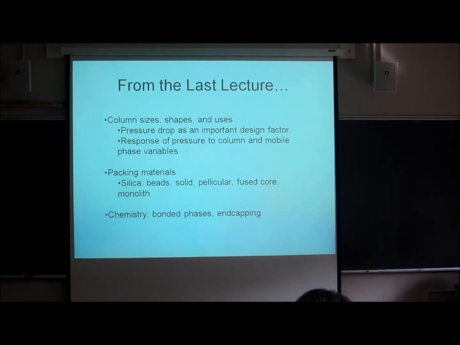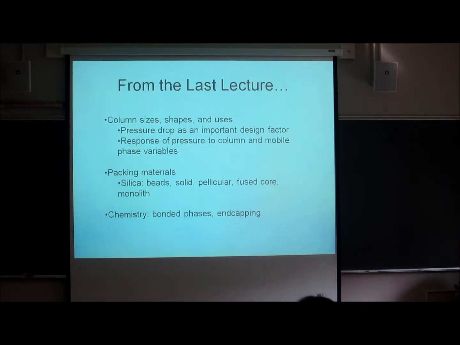That idea will show up in a couple minutes, and it has to do with how you design a method. What are the parameters with which you can operate to do an efficient separation? What you try to do is avoid surprises like huge pressure drops that can break the column down on you and cost $1,000.